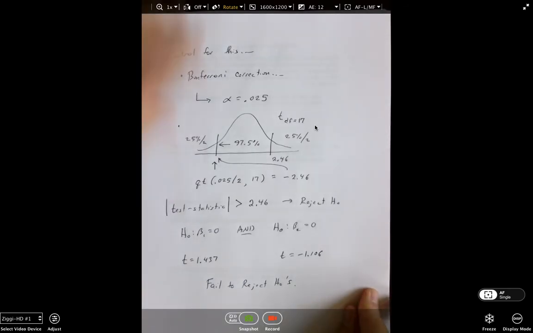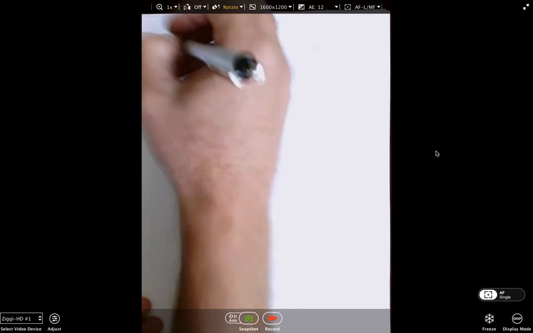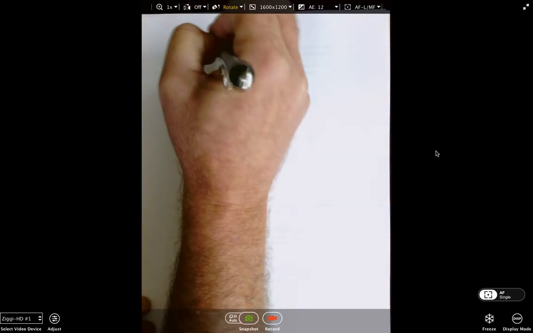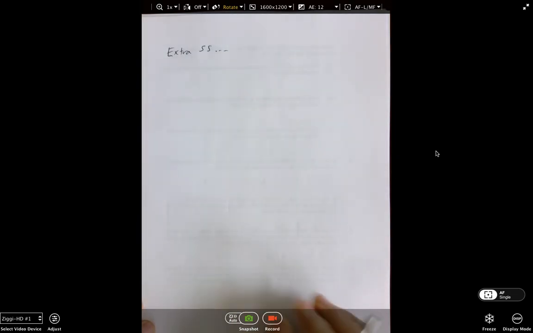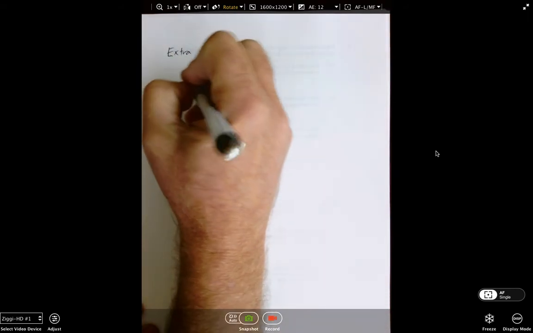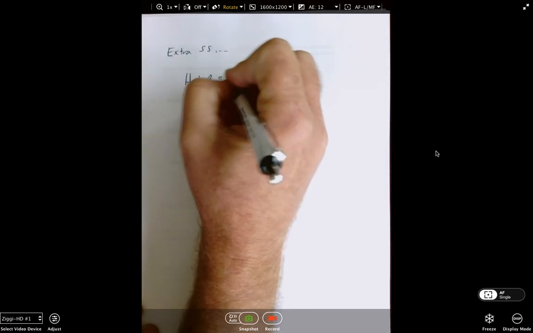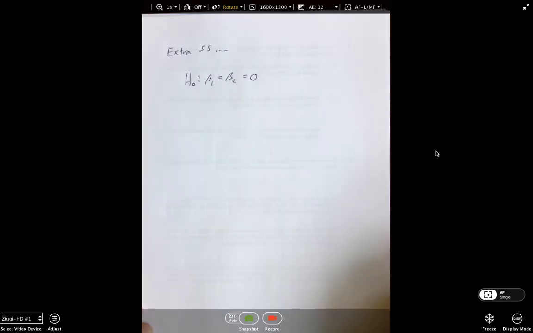Now the only reason I do that is for this next thing that I want to look at. I haven't run the calculations on this yet, so it's probably going to be a little clumsy. But I want to look at this in the context of the extra sum of squares, which has kind of been the overarching title of the recent videos, and test as we've seen before.